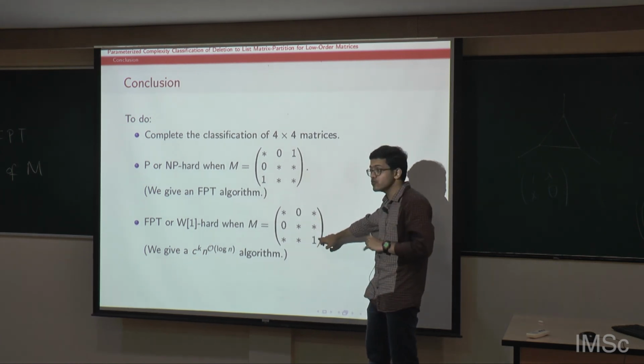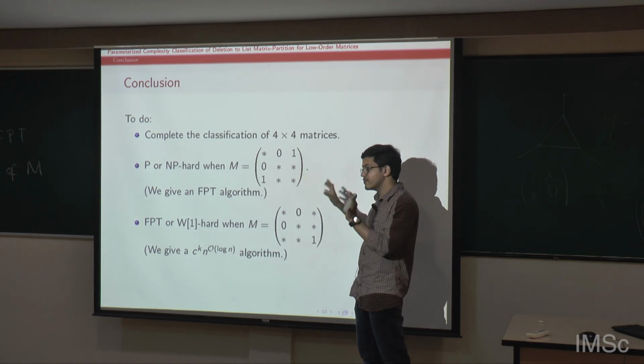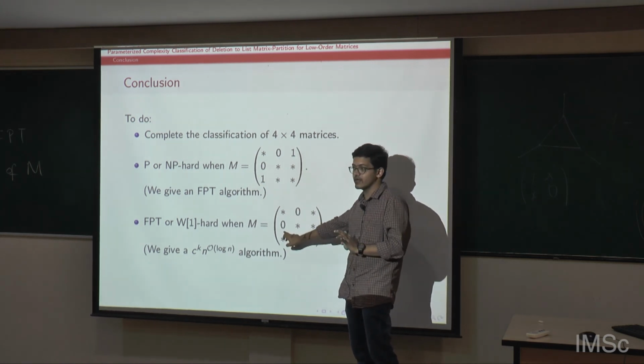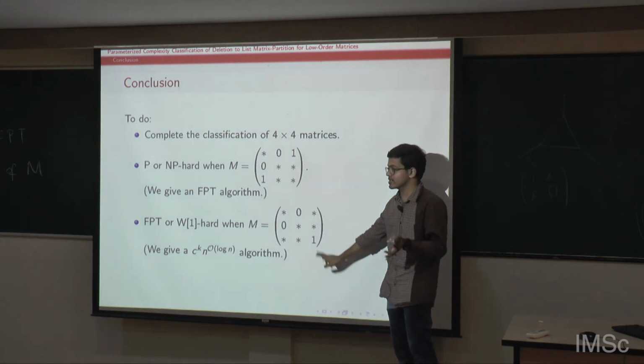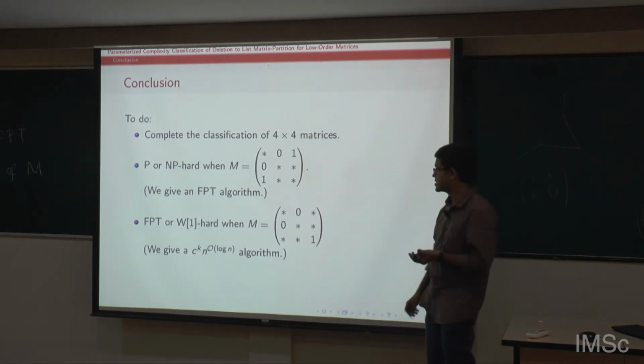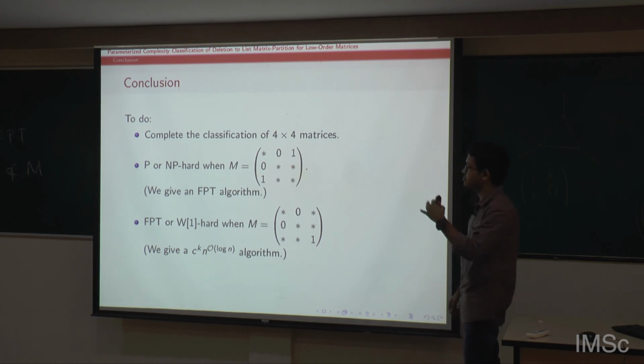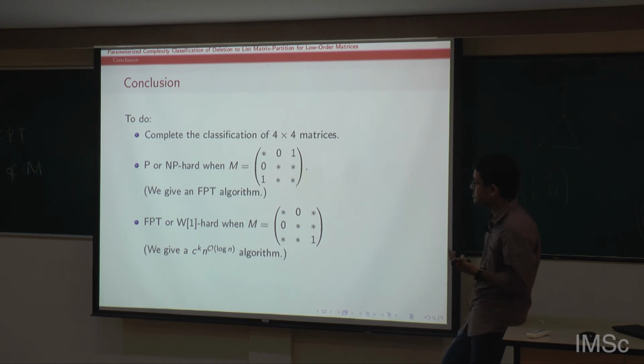So if we remove V3, V3 is like a cut set between V1 and V2. So that is why this is called a clique cut set problem. And for this problem we have a 2 power order k poly n algorithm, but we don't know whether it's FPT or W-hard, and we would like to determine that also.